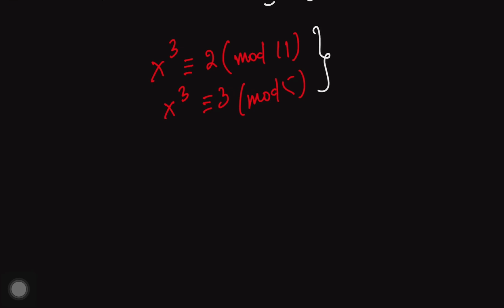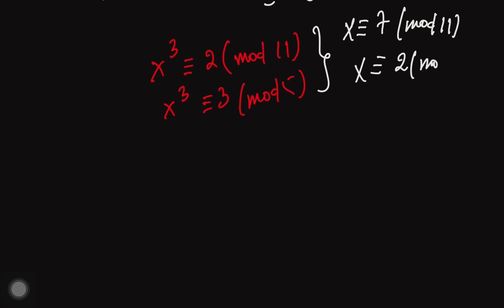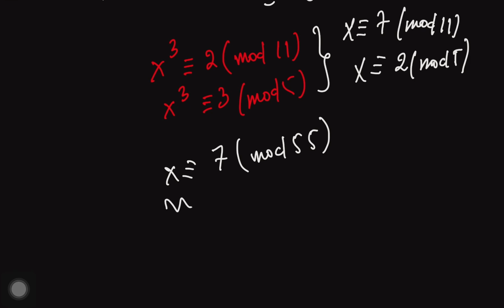Since x to the power 3 is congruent to 2 mod 11, x is congruent to 7 mod 11, and x is congruent to 2 mod 5. So by the Chinese remainder theorem, you can do it pretty easily, x would be congruent to 7 mod 55. This is important information about x.